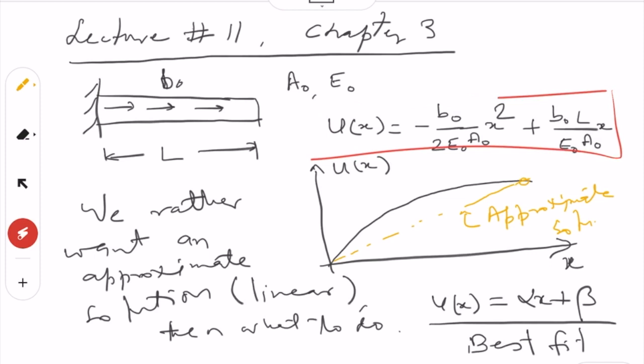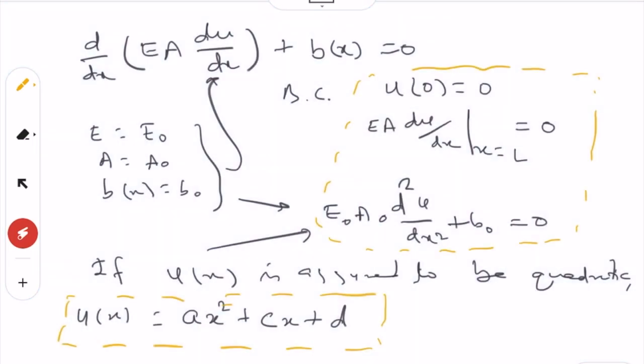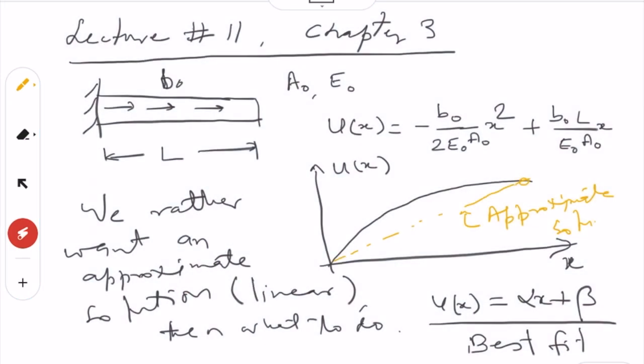We saw that a we got as minus b naught over 2 E naught A naught. There is no constant term here because d equals 0. C you will find equal to b naught L over E naught A naught. Because in this case the exact solution happens to be a quadratic, it will fit exactly.